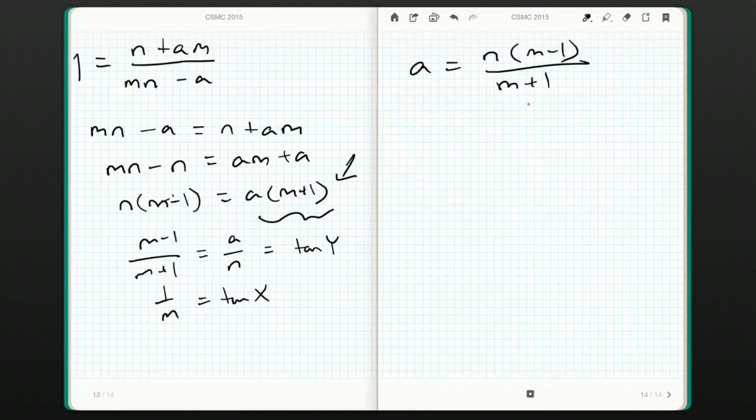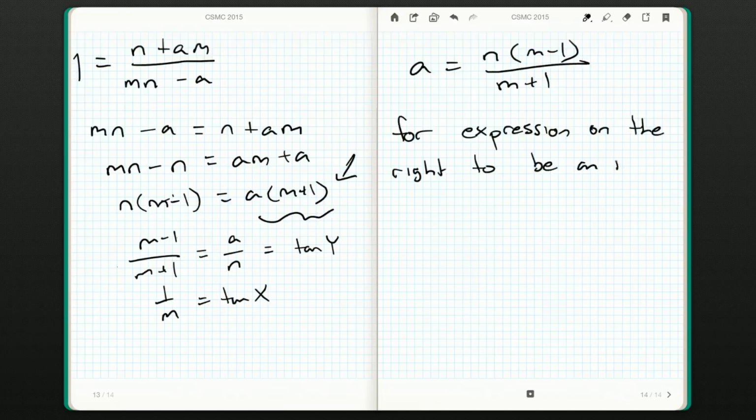So for this expression on the right to be an integer, we need m plus 1 to divide n times m minus 1. So that's useful to know.